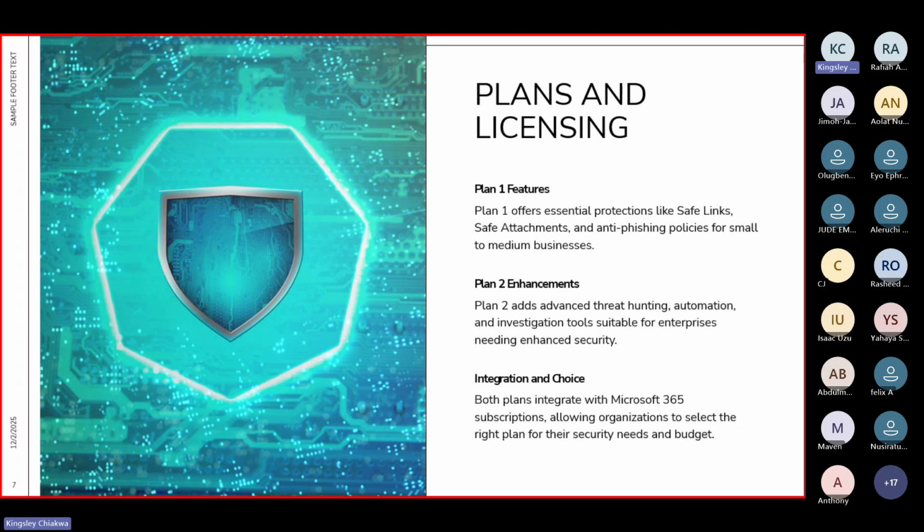Both plans integrate with Microsoft 365 subscription, allowing organizations to select the right plan for their security needs and budget. Everything comes down to budget, what a company needs or can afford. For small businesses, some of these things might be too expensive. For enterprises, it's just okay to have these things. So everything has to go with budget.